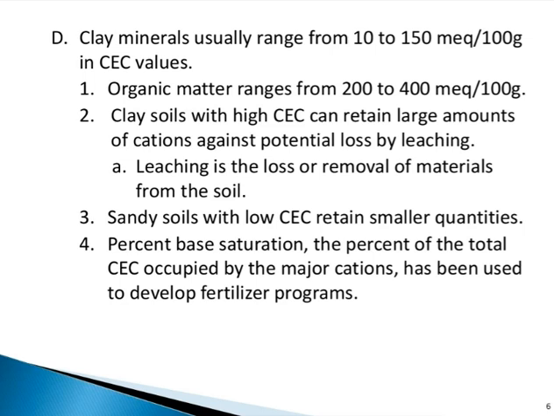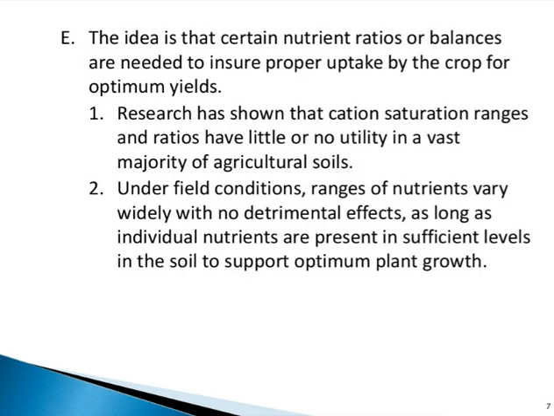Percent base saturation. The percent of total CEC occupied by the major cations has been used to develop fertilizer programs. The idea is that certain nutrient ratios or balances are needed to ensure proper uptake by the crop for optimum yields.